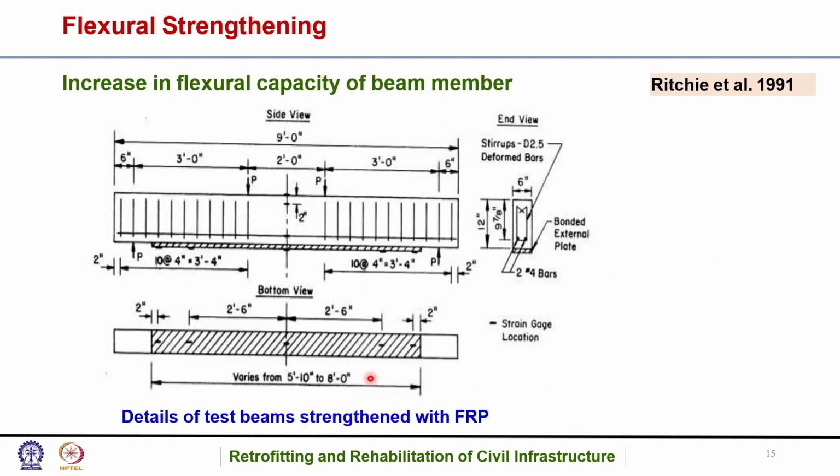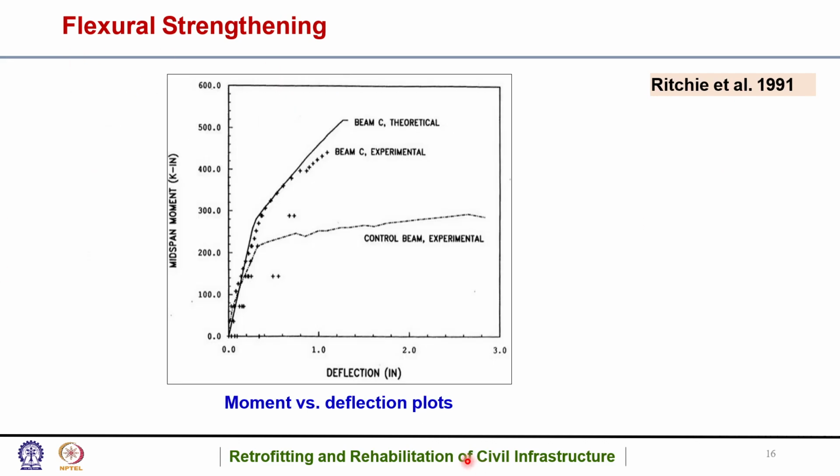So this is an example of details of test beams which have been strengthened with FRP. It has been taken from a literature from 1991, which was authored by a person called Ritchie. This is the increase in flexural capacity of beam member. As per that literature, these were the moment versus deflection plots, as can be seen here.